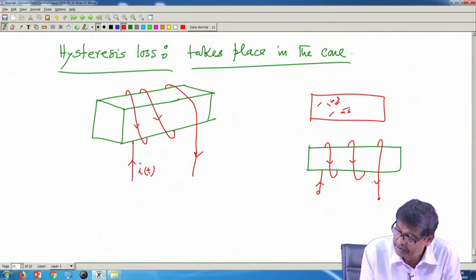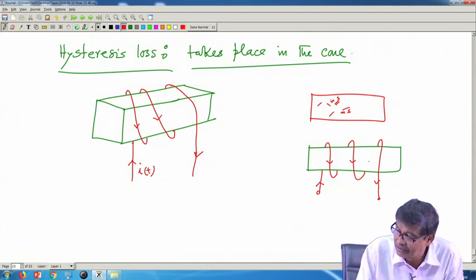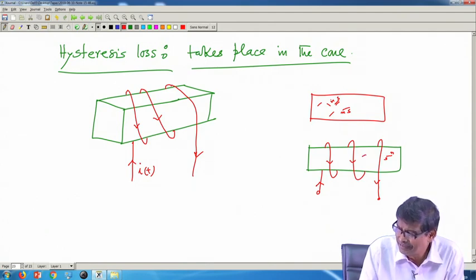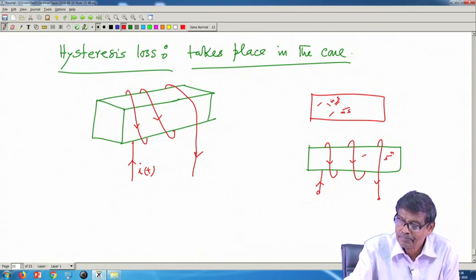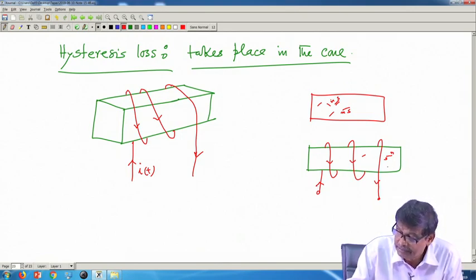So you pass some DC current, therefore you have applied H along this, and each tiny magnet will try to align itself along NS. If you pass a little current, they will slightly move, and pass more current, they will be further aligned.